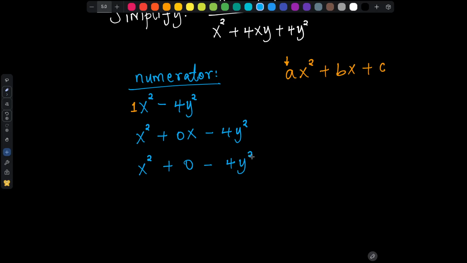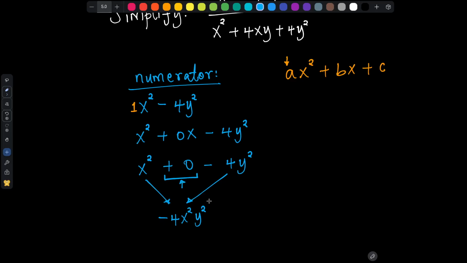Now at this point, we can use the factorization method of solving quadratic equations. When using the factorization method, what you are usually doing is rewriting the middle term, in our case 0, in such a way that it is composed of two terms. The two terms are such that when multiplied, they give us negative 4x squared y squared, and when added together, they give us the middle term, 0.